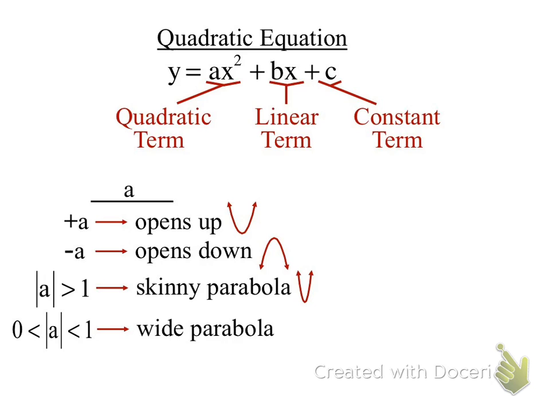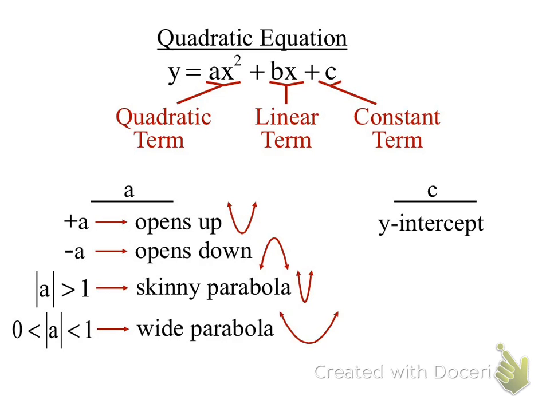It'll be a wide parabola, or fat parabola, as my second period likes to call it. It's a big fat parabola. Do you understand that? So if the coefficient of x squared is a decimal amount, it'll be really wide. If it is a number greater than 1, it will be very narrow.